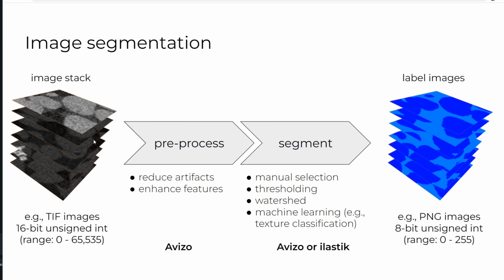Even if you're dealing with, let's say, a simple data set, it might take a few tries to get a good combination of pre-processing steps and segmentation techniques. But the good thing is, once you've figured out a good combination or a good workflow that works for your data set, you can then just reuse that workflow once you get new scans of similar objects or similar materials in your data.